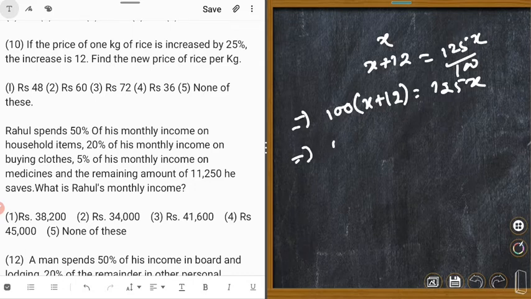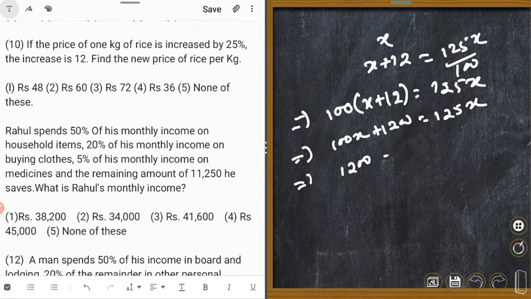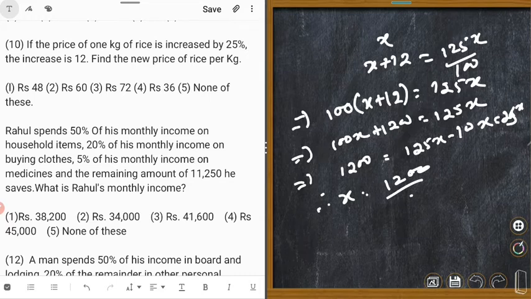Implies that 100x plus 1200 is equal to 125x. Implies that 1200 is equal to 125x minus 100x, which is 25x. Therefore, x is equal to 1200 upon 25.